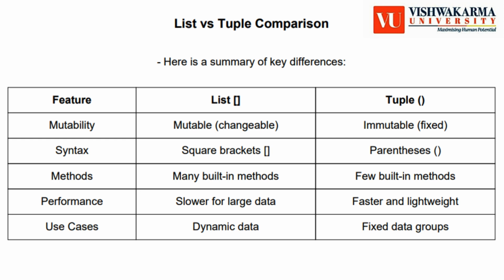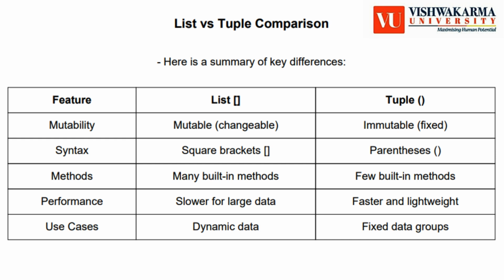We have seen that first. The next is methods. List has many built-in methods, and tuple has few built-in methods, because it is not built in the way a list is. The second last is performance: list is lightweight but slower for large data, and tuple is faster.